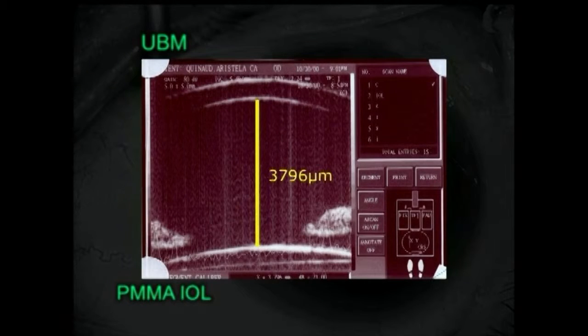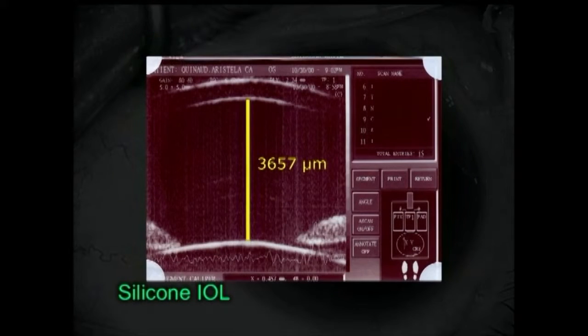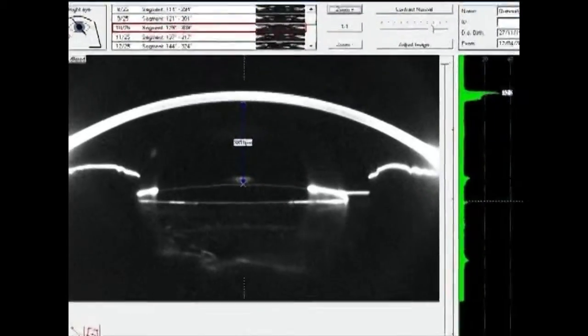A new UBM examination of both eyes showed a centered IOL completely within the capsular bag, but the anterior chamber was deeper in the eye with the PMMA lens. Pentacam images showed pretty much the same findings, although we obtained more precise measurements of the anterior chamber depth and the relative position of the IOL with respect to the iris plane.